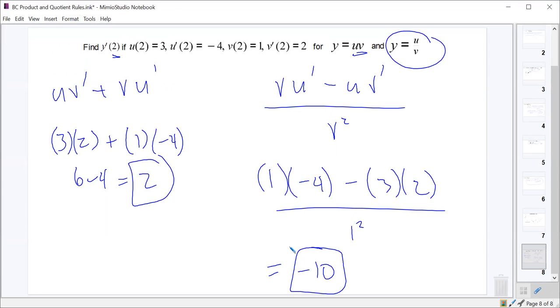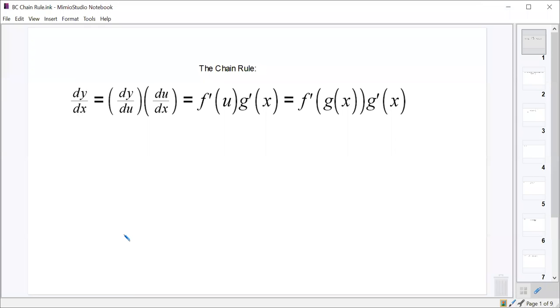Yep. Cool. All right. Now, what we are not going to do is go through and talk about all of the different rules for all of the basic derivatives that you need to know, like the derivatives of all the trig functions.